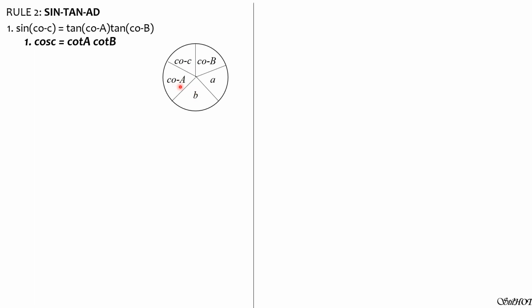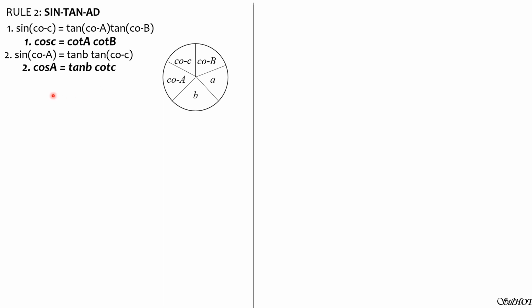So sine of coA is cosine of A. Tangent of B is still tangent of B, while tangent of coC is cotangent of C. Therefore, the second formula that we can formulate would be cosine of angle A is equal to tangent of side B, then cotangent of side C. So therefore, cosine of A equals tangent B cotangent of side C.